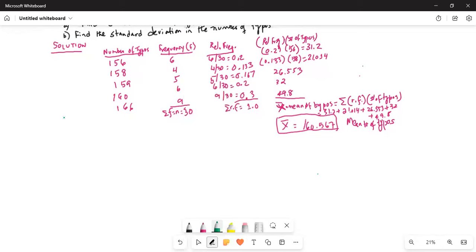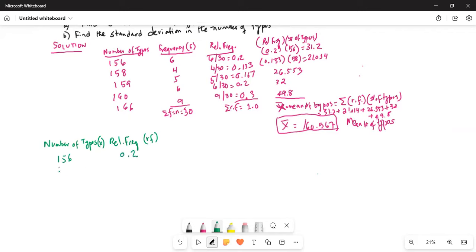Okay. So what I will do is I will again write number of typos, and then instead of writing the frequency, I will write the relative frequency column. So number of typos, I'll call this X, and relative frequency, as you know, is RF. The first number of typos is 156, and relative frequency for that is 0.2, as we noted before.